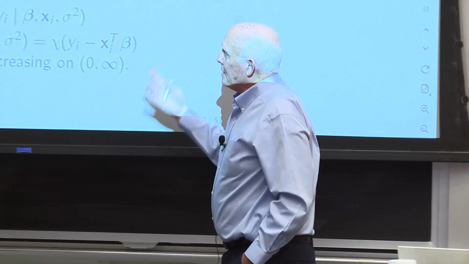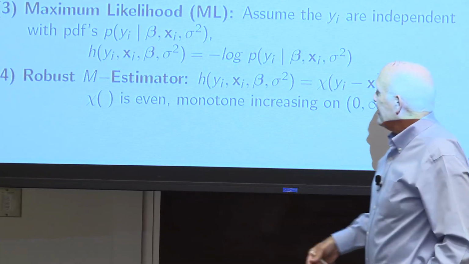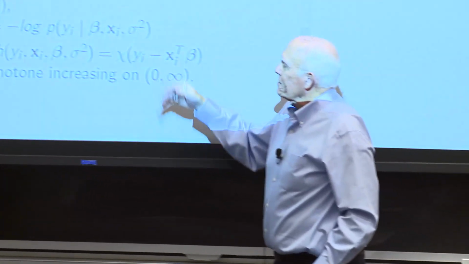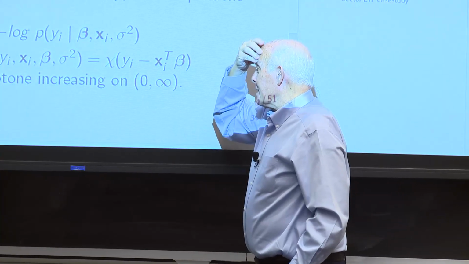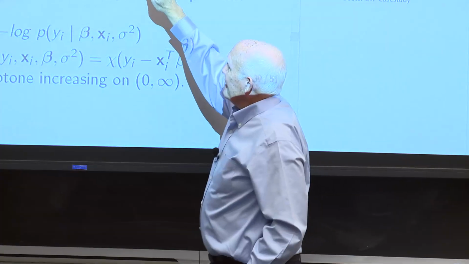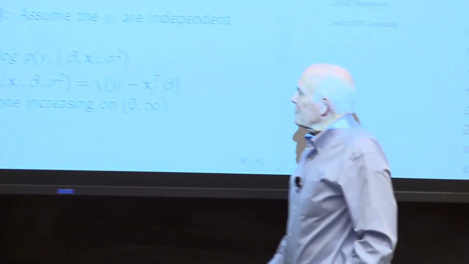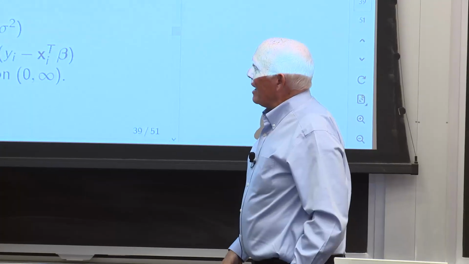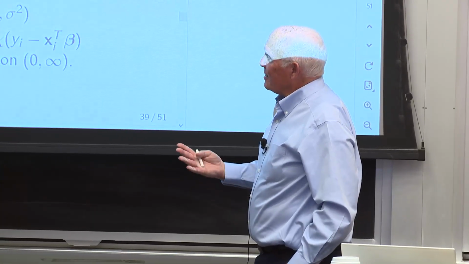And there are robust estimators in statistics, and these robust estimators consider variations basically of least squares and mean absolute deviations as special cases that yield estimators that are robust.